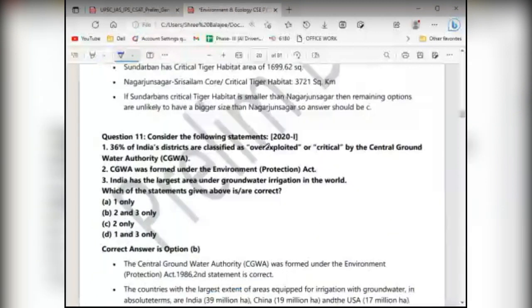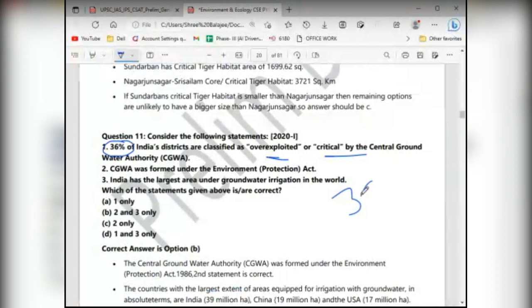Now CGWA, this question was there. The 36% figure is not accurate, since the data keeps on changing, but at that time it was in the news, so you can just eliminate this statement. But for the coming prelims, what you should remember is that the CGWA was formed under the EPA Act. Can anyone tell me the year when the EPA came?